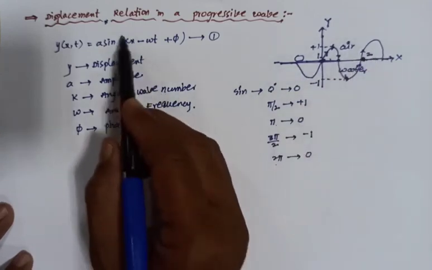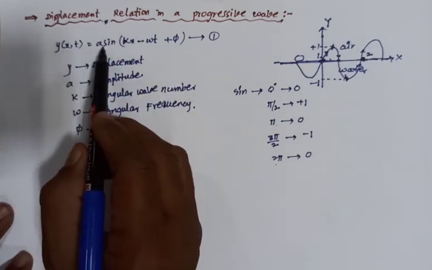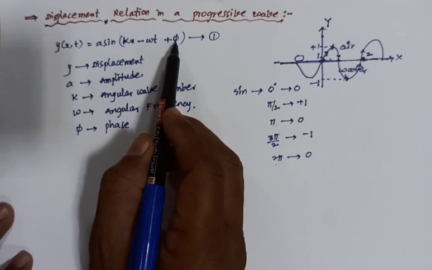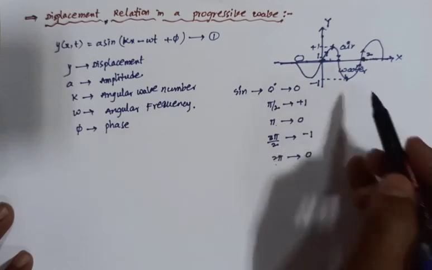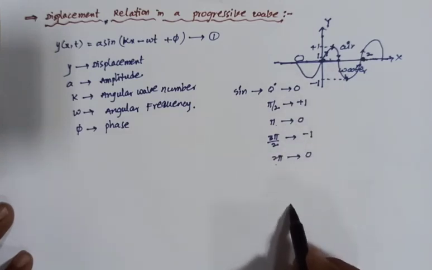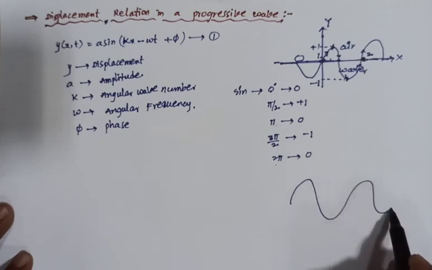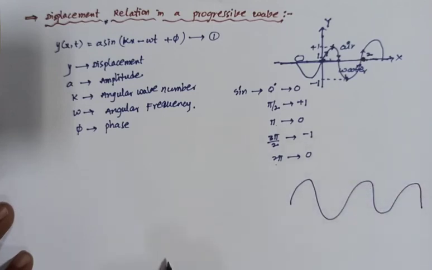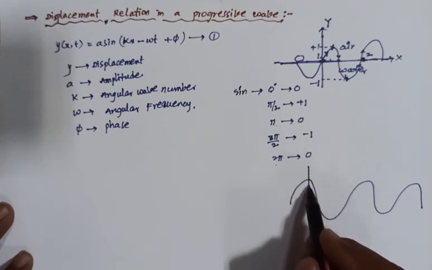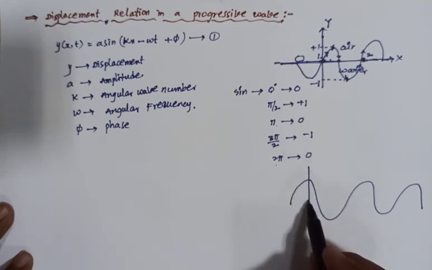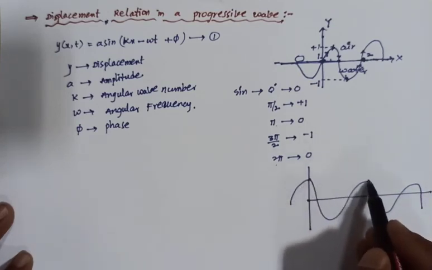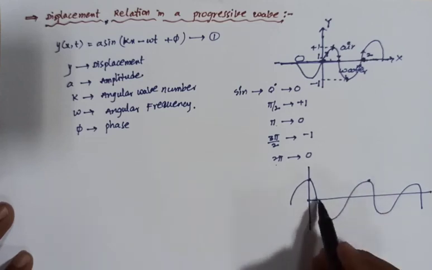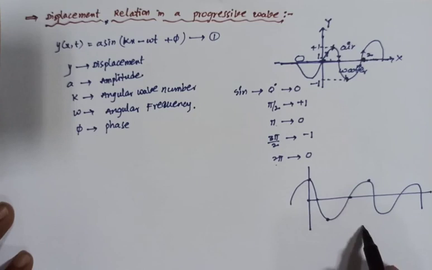So it is taken as y(x,t) = A sin(kx - ωt + φ). Again, if a wave is produced in water like this, it is maximum here, minimum here, and 0 here. So this is a cosine function.